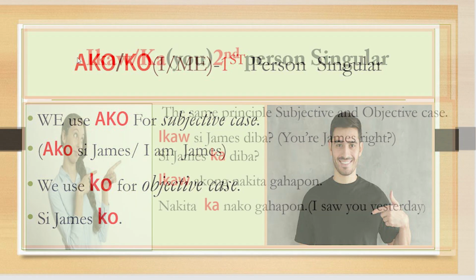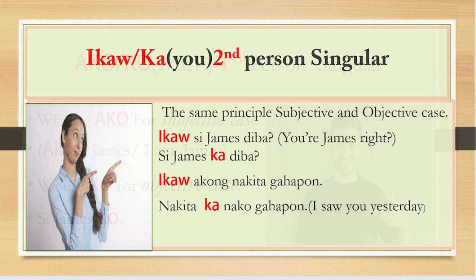Okay? Next, ikaw or ka. You, it is the second person singular pronoun. So, the same principle applies, subjective and objective case. Ikaw si James, di ba? So you're James, right? So you use ikaw.